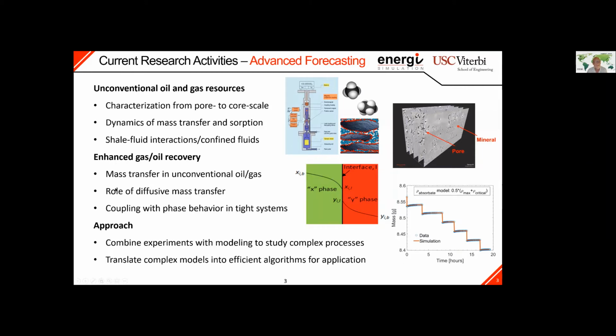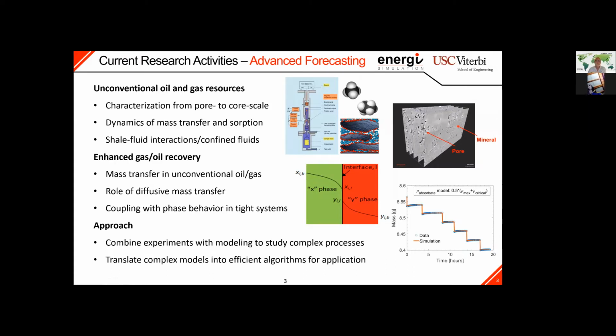And finally, diffusion is coupled to phase behavior, and phase behavior is affected by tight systems. So all these things are tightly coupled, which makes the overall process more complex. And we work hard to design experiments and modeling exercises where we isolate effects of the individual aspects.